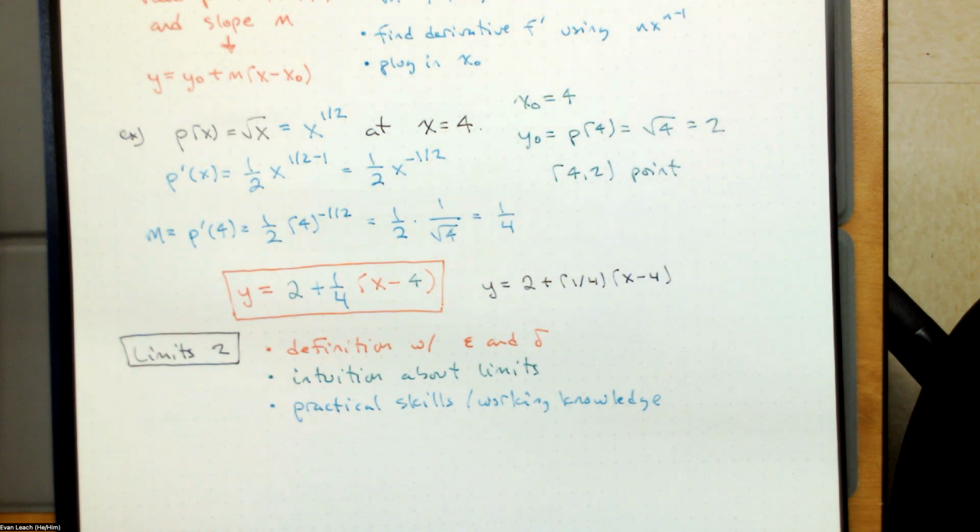So we talked about the definition. That's the part with the epsilons and the deltas. Our intuition about limits is kind of describing what's going on with the epsilons and deltas.